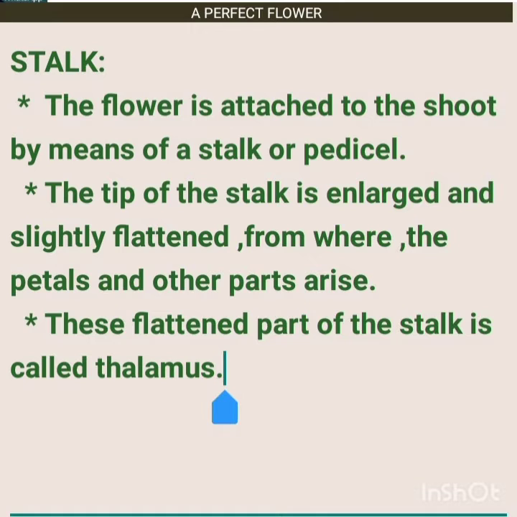This flattened part of the stalk is called the thalamus, from where all the parts, that means petals, sepals, gynoecium, androecium, all arise.